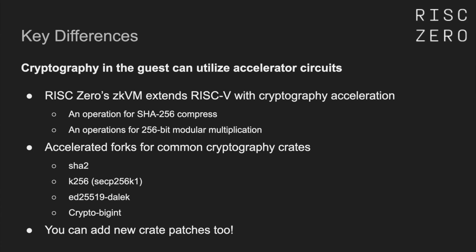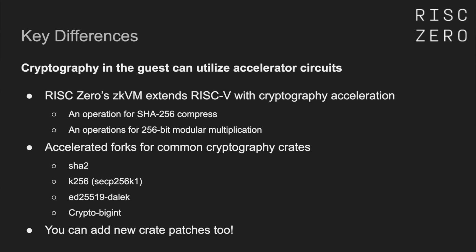Using these, you can do some accelerated cryptography. The SHA-256 compress function is obviously very useful for hashing. Whenever you're hashing data, like you saw in our example before, you can use an accelerated implementation of SHA-256 to greatly reduce the amount of time you're spending hashing.